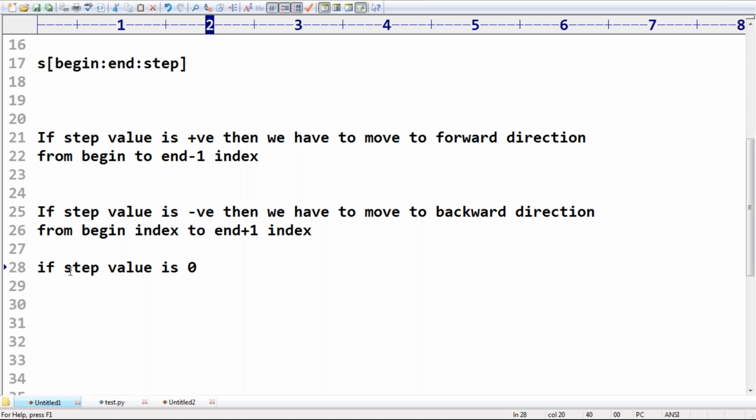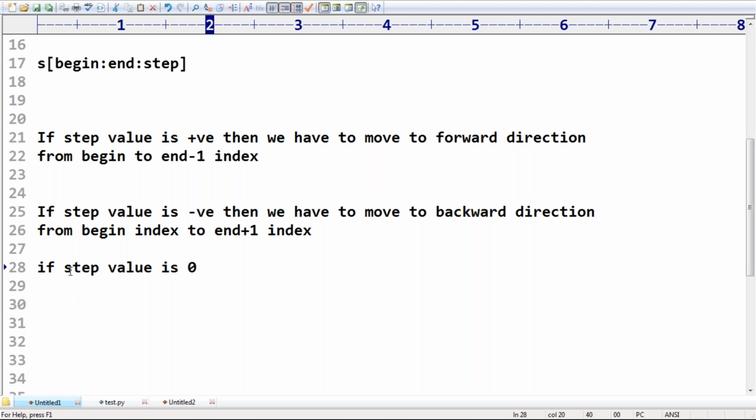Then why are you using the slice operator? Without moving, how will you get your required piece? That's why the step value should not be 0. With a 0 step value, we always get an error.